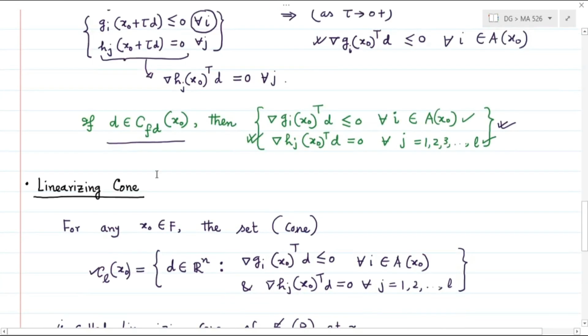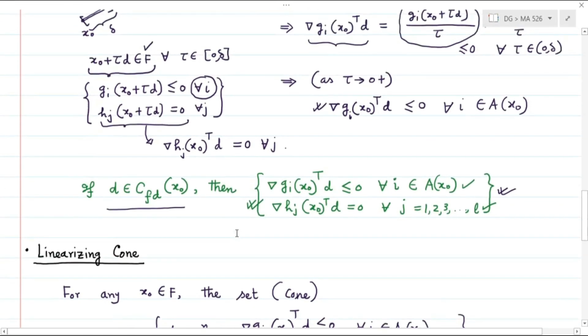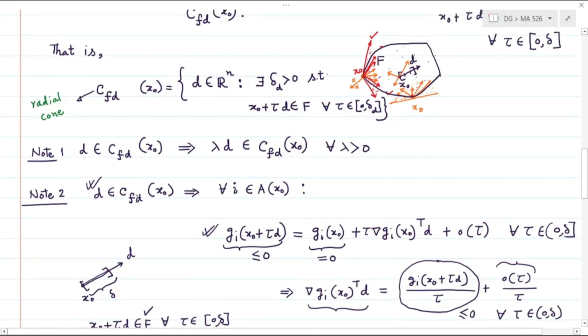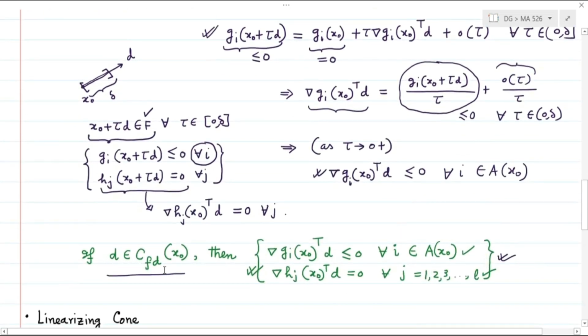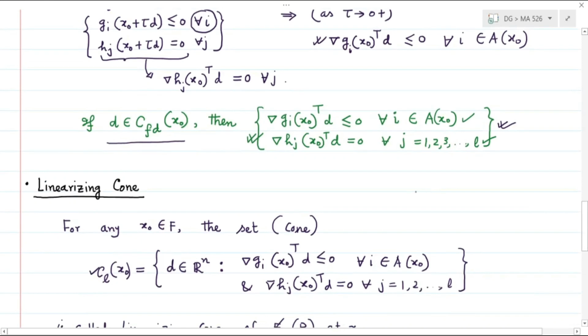Although we started the linearizing cone definition by taking a direction D from CFD, and then found that D belonging to CFD implies that D satisfies this inequality, this set is now in the definition of the linearizing cone.